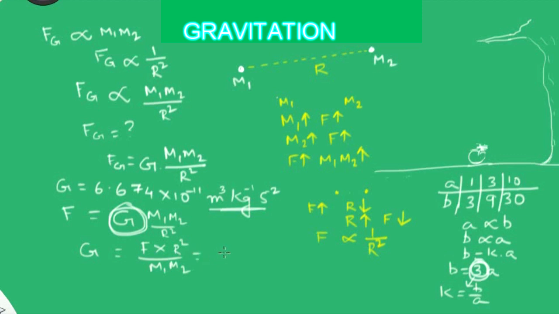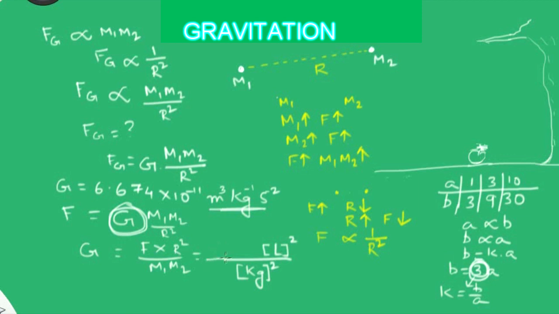And I know what r is. r is the distance, so distance means length square. The masses I can call kg, so it's kg into kg, kg square.